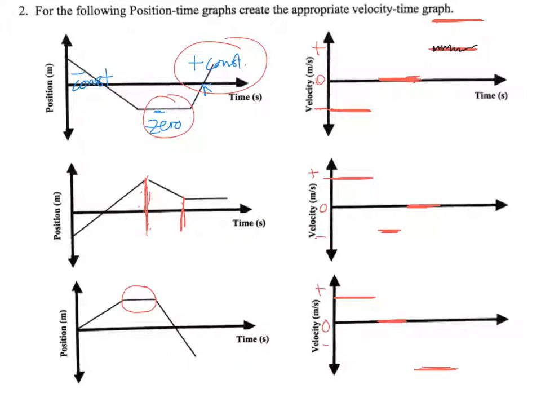So my negative velocity is more like this. Definitely faster because it's further from the zero. Faster negative, slower positive. That's what that's telling us. I hope that this helps. You may want to go back and watch it again to make sure you're getting all the pieces and parts. But that should help with this little worksheet.